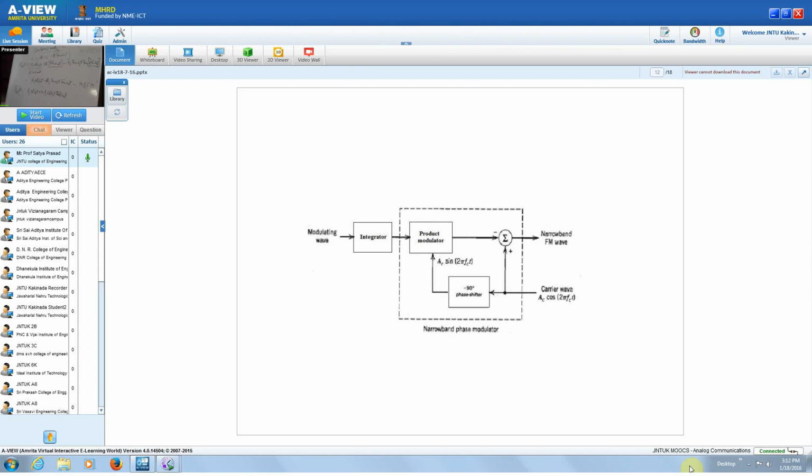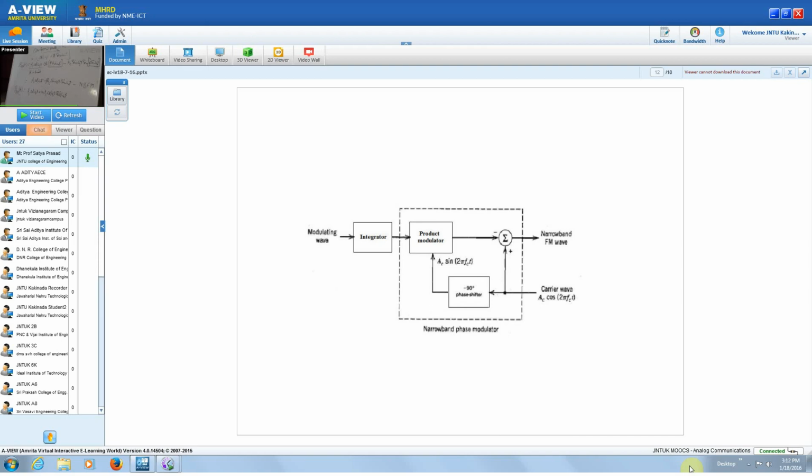It is not omega Ct plus 90, it is minus, so that we get AC sin omega Ct. So sin omega mt into sin omega Ct gives the second term, with some constants. That constant will be taken care of with the modulating signal, and some amplification may be provided to get your required constants.